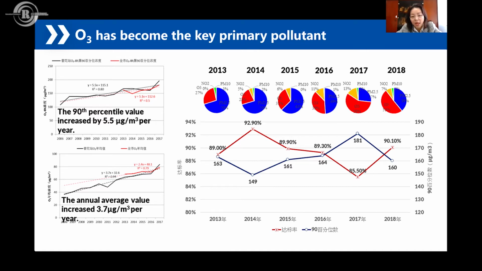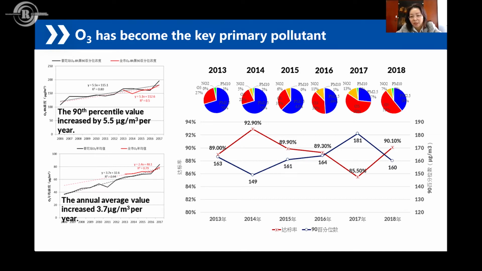We could find that in 2013 the key primary pollutant was PM2.5. However, from the year 2016, ozone became more and more important.